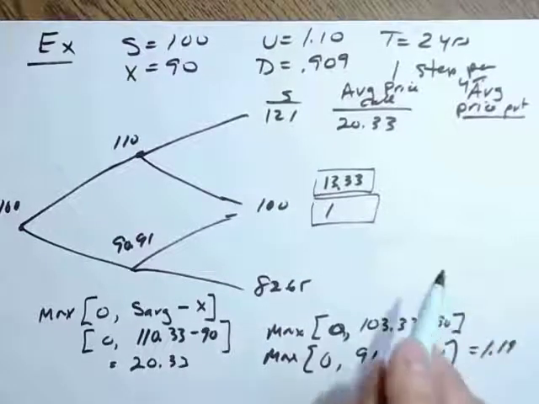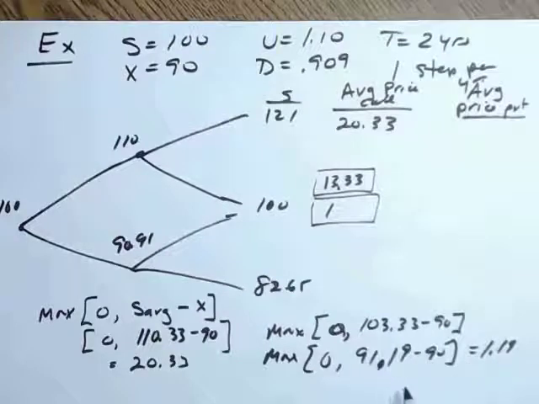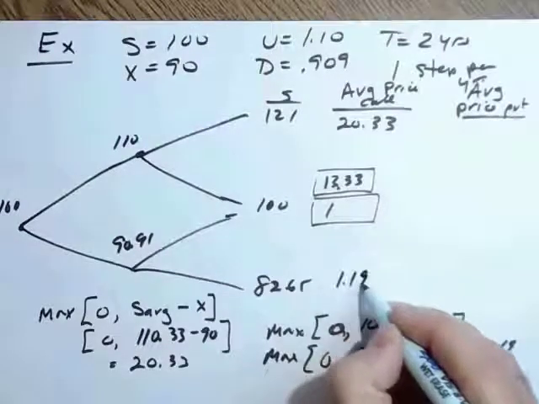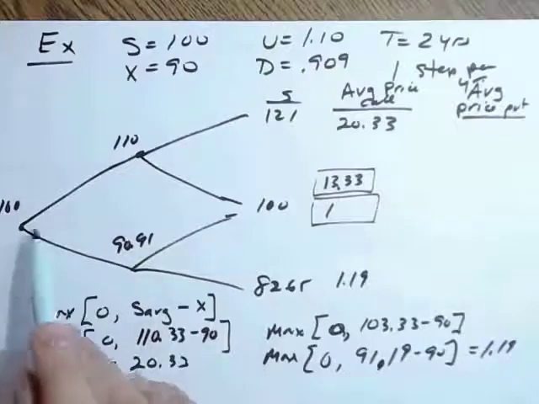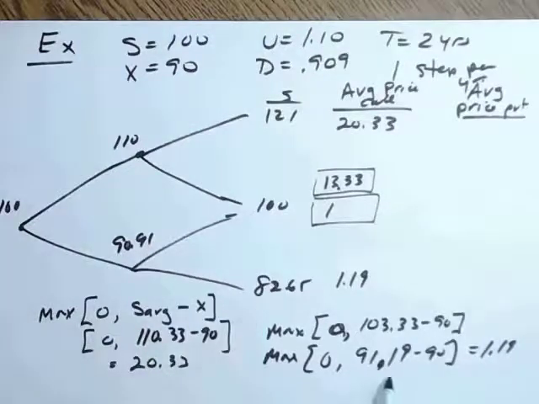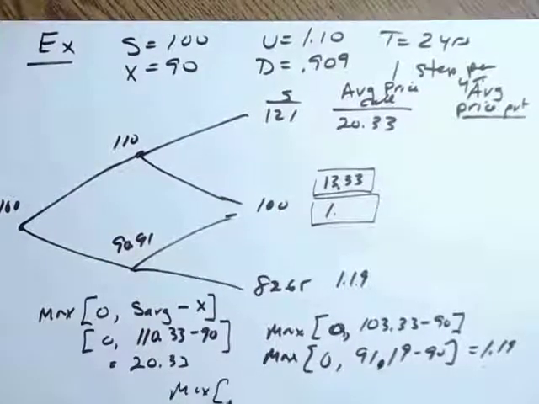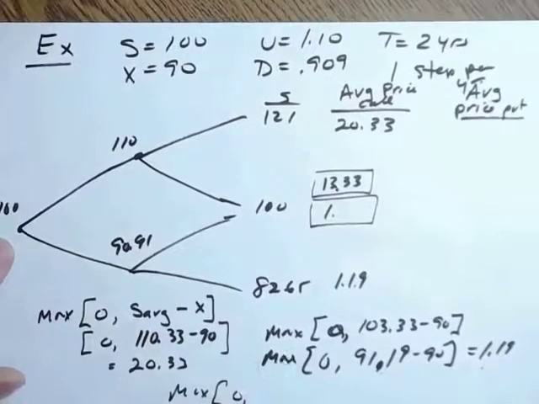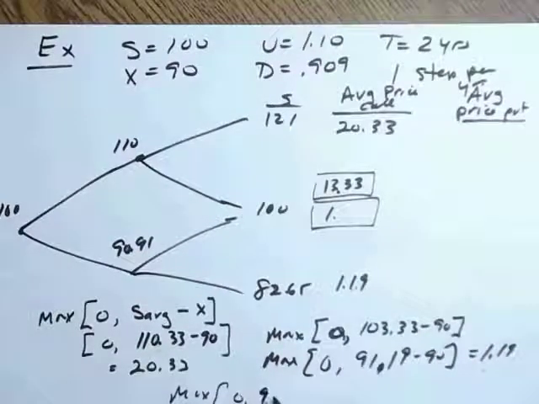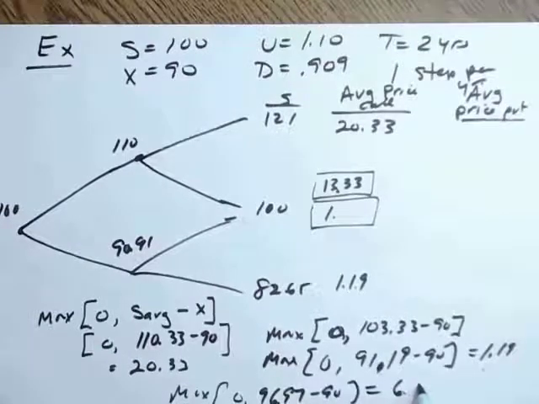Made a mistake there. This will turn out, this is $1.19, I'm sorry. So this is an average of 100, 90.91, and the 82.65. This is $1.19. This guy here is going to be the maximum of 0 and an average of 100 plus 90.91 plus 100 divided by 3, which gives me 96.97 minus 90.